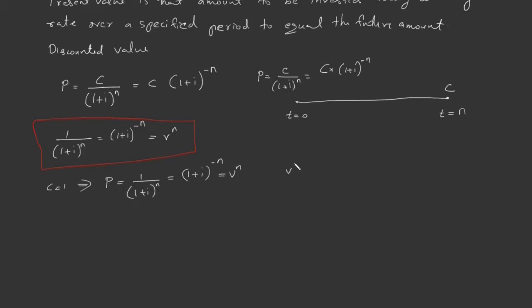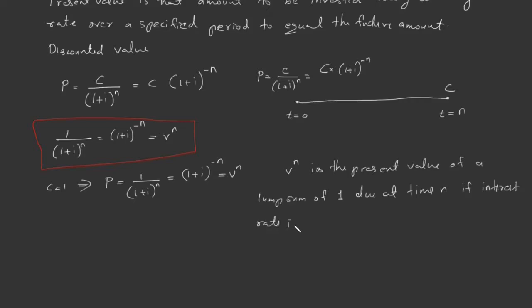Therefore, what is v raised to n? v raised to n is the present value of a lump sum of 1 due at time n if the interest rate is I. So, at an interest rate I, the present value of a lump sum of 1 due at time n is v raised to n.